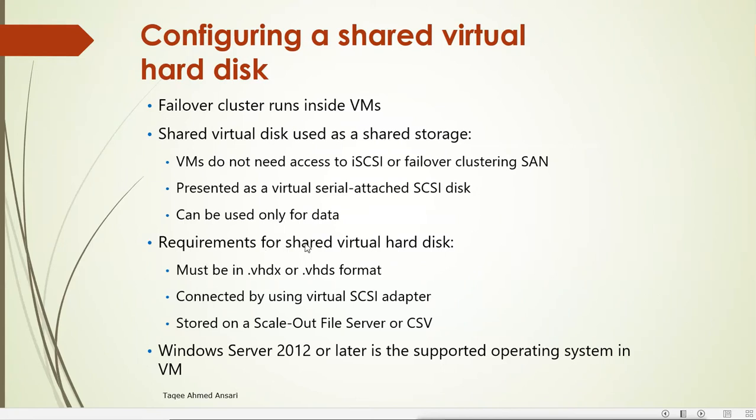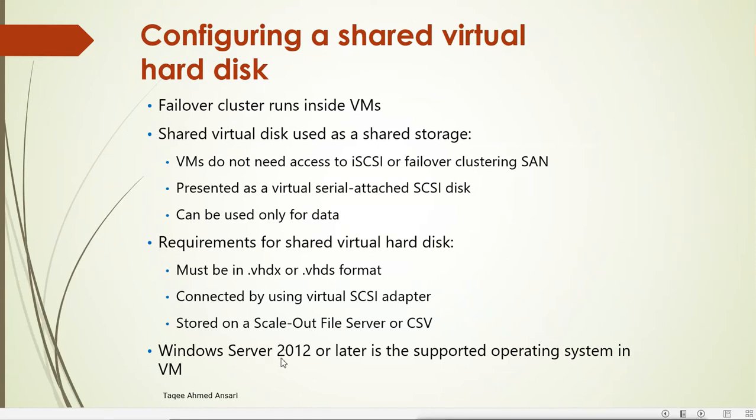Then the requirements for a shared virtual disk: the virtual hard disk must be in VHD, VHDX or VHDS format, connected by using the virtual SCSI adapter, then stored on a scale out file server or CSV. So that virtual disk, which we are using for the cluster nodes as shared storage, must be stored on the scale out file server, that means a share folder, or even a cluster storage.